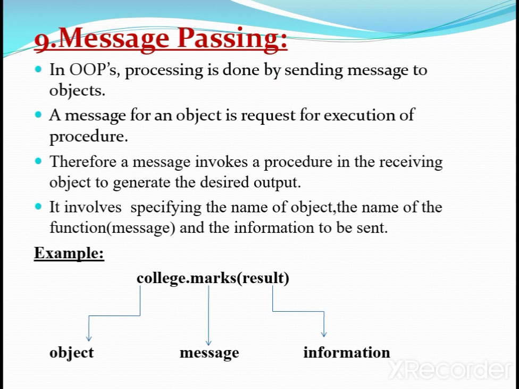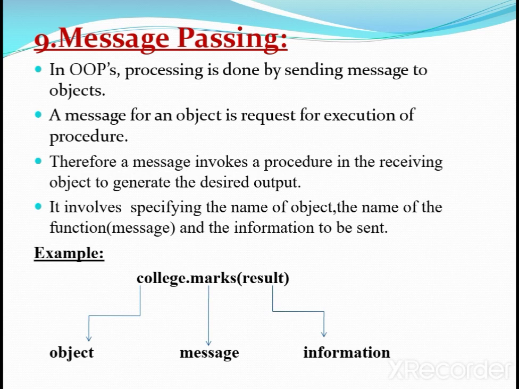Therefore, a message invokes a procedure in the receiving object to generate the desired output. It involves specifying the name of the object, the name of the function, that is the message, and the information to be sent. Information is output.